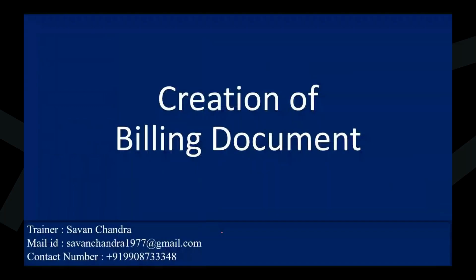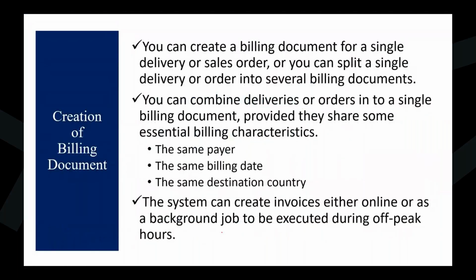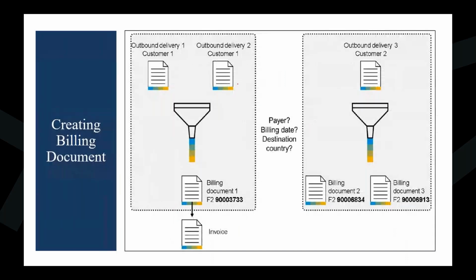Now we will start creating the billing document. You can create a billing document for a single delivery or a sales order, or you can split a single delivery or order into several billing documents. So here you have an outbound delivery, and you can combine outbound deliveries into a single billing document.